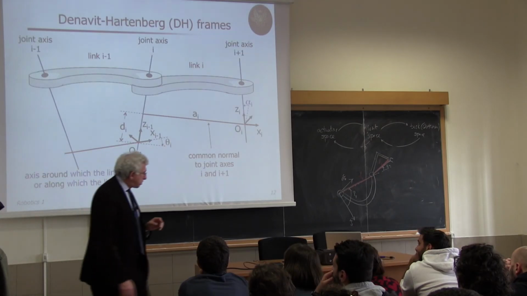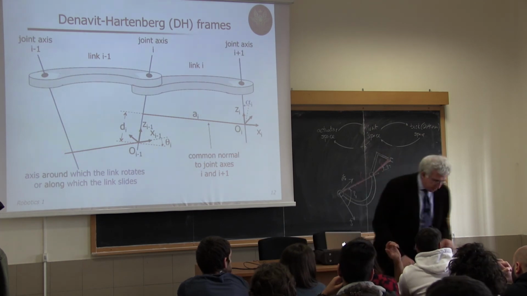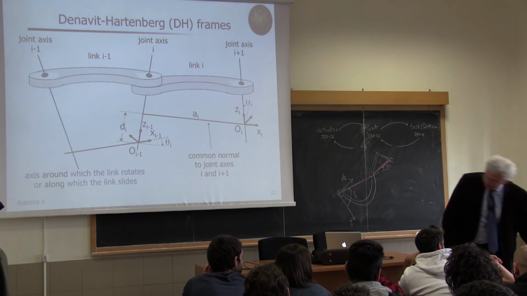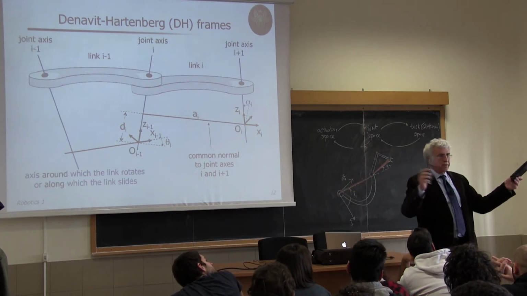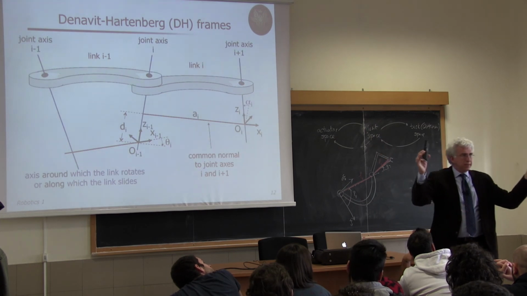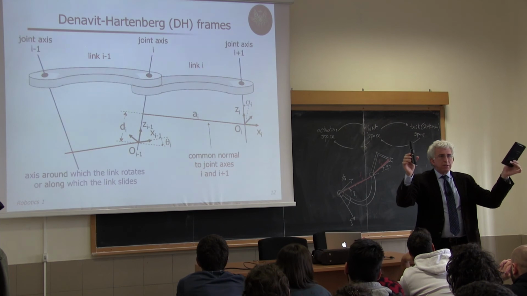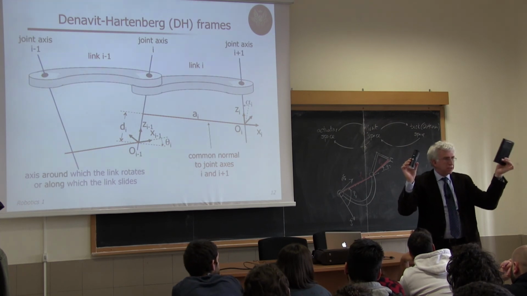Pay attention, if you take two objects like this, fully free in space, and I'm asking how many parameters I need to characterize position and orientation of this with respect to this, what is the answer?